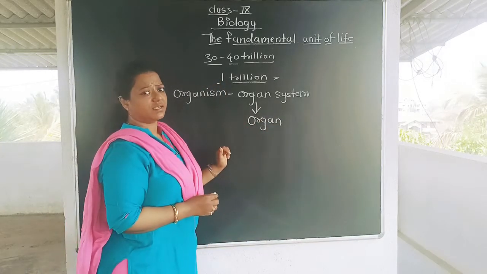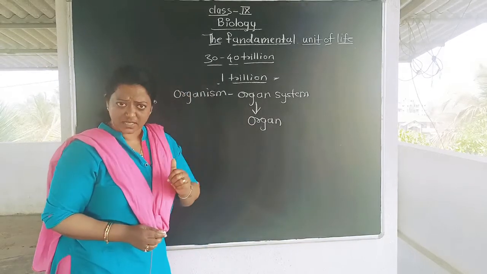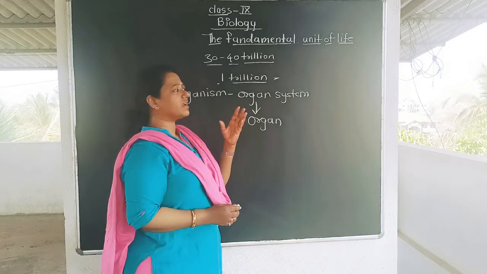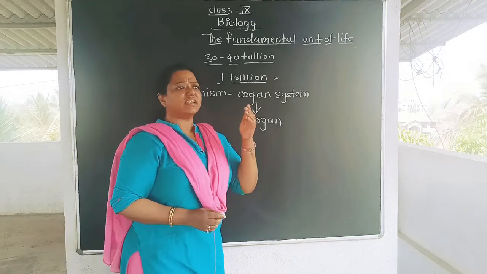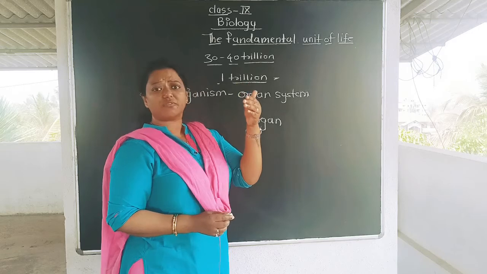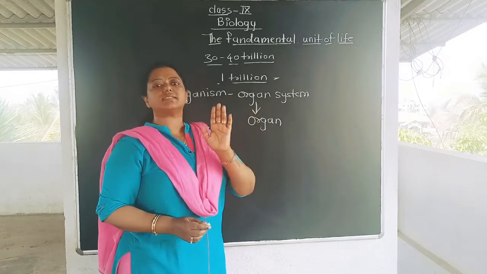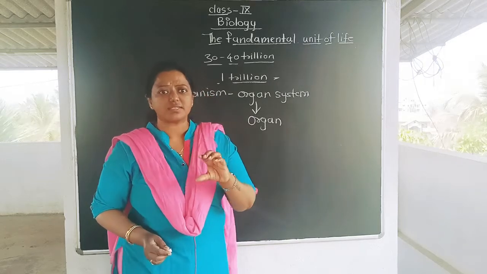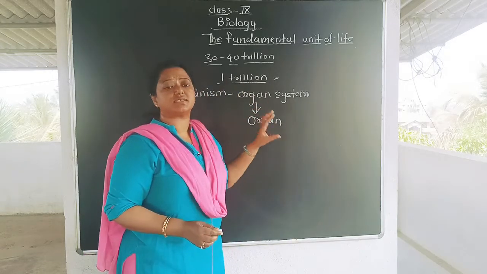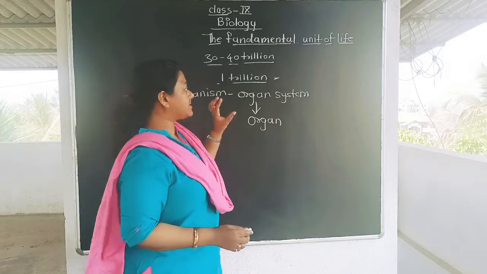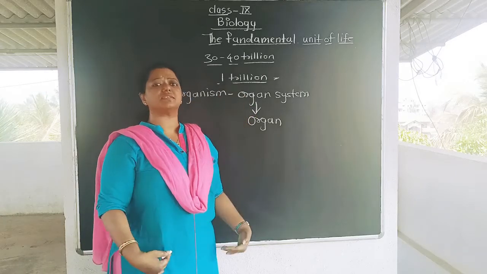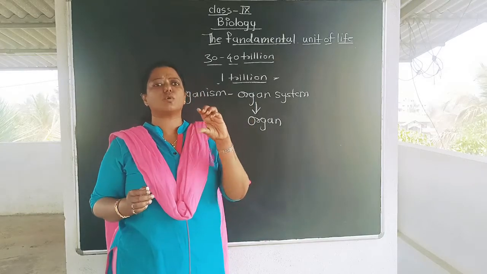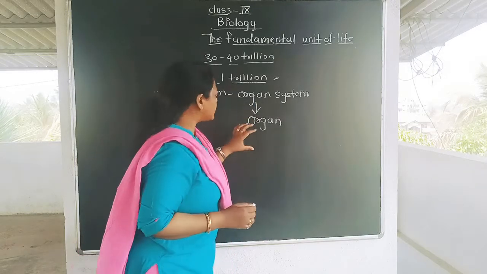If we talk about the respiratory system, then nostrils, lungs, pharynx, larynx, or we can say glottis, epiglottis. These are the parts of the respiratory system, right? Or these are the small organs of this respiratory organ system. I hope it is clear, students. Organ system means various systems are present in our body, and all those systems are composed of various small organs. And that is called an organ.